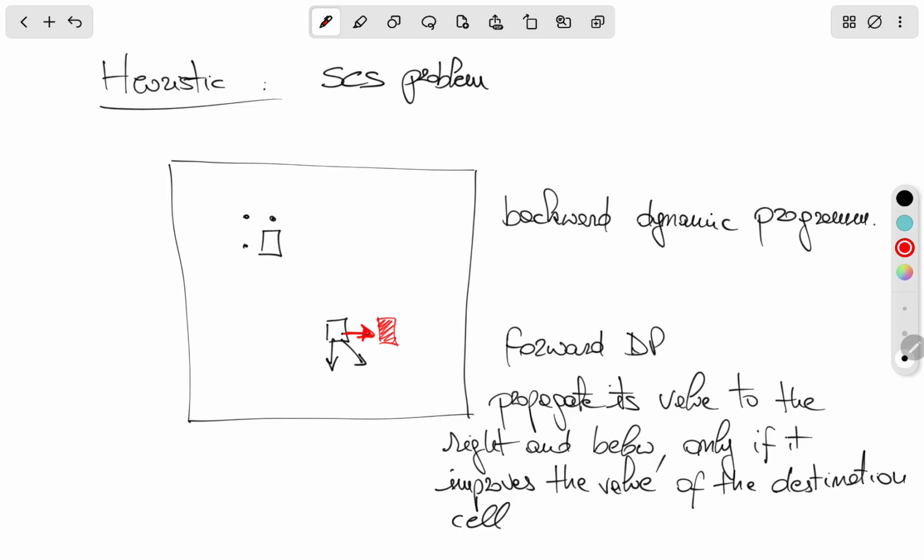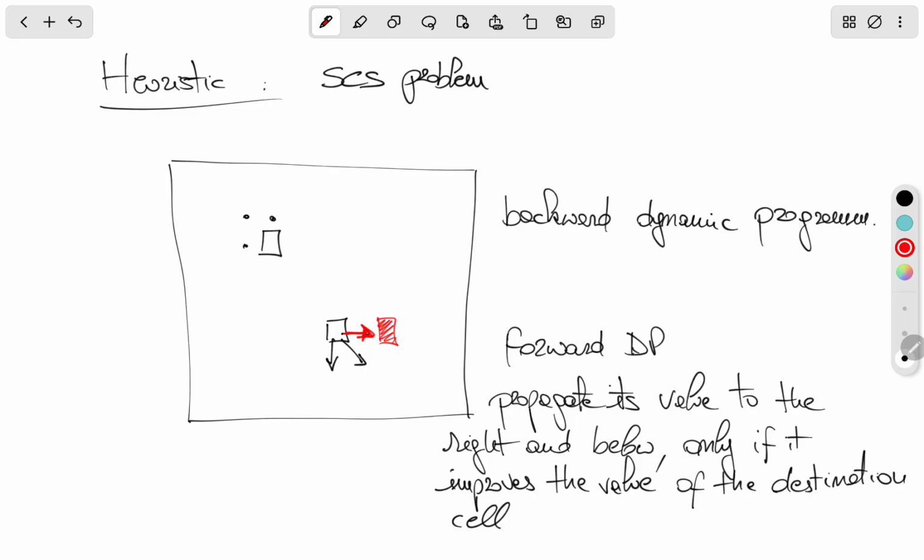But my question is more: have you already seen an algorithm that is forward dynamic programming, even without the fact that we have an upper bound and we avoid visiting some cells? Forget about skipping the path.